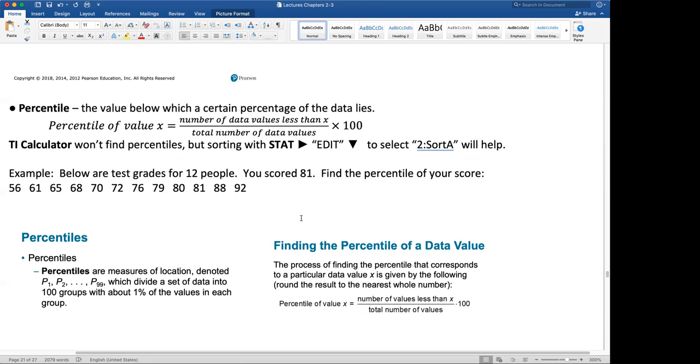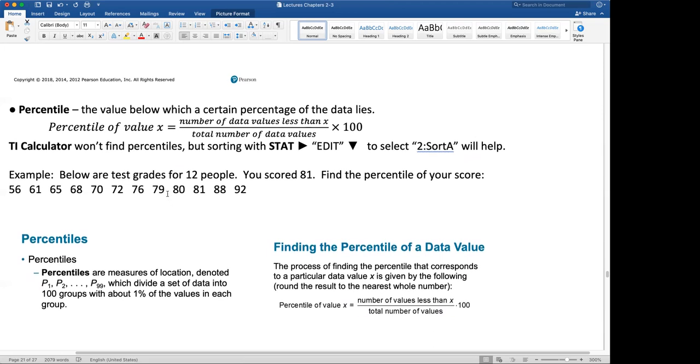For example, let's find the percentile of this. Below is our test grades for 12 people. You scored 81. Find the percentile of your score. Since 81 is right here in the data set, I'll find the percentile of 81.